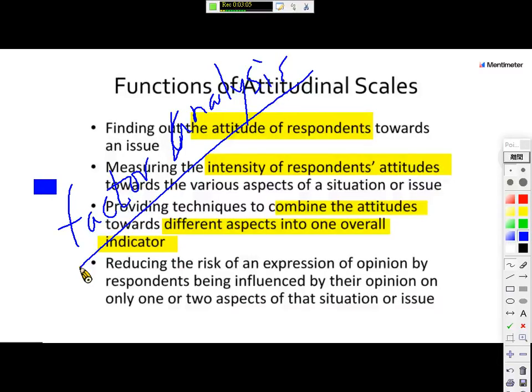Supposedly, we have an attitudinal scale with 20 items, right? After I collect all the data from you, I can use factor analysis to downsize the 20 items into only 3 or 4 major indicators. Amazing, right? So instead of analyzing 20 different items, I only need to focus on the analysis of the 4 different indicators. Interesting, right?